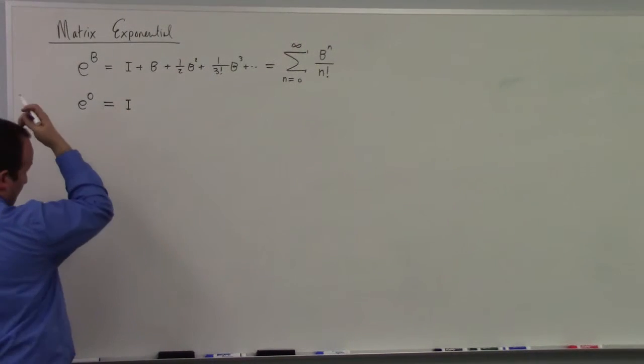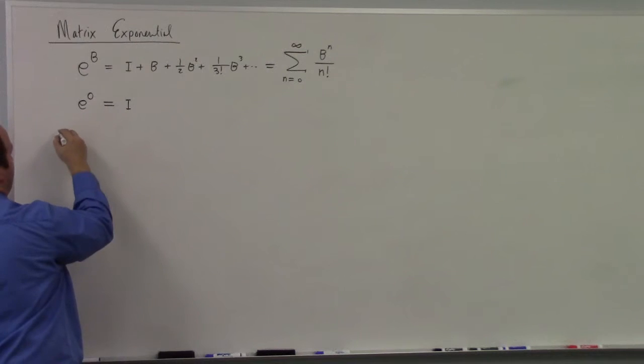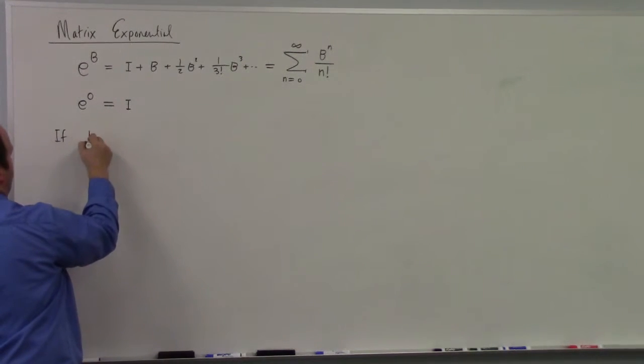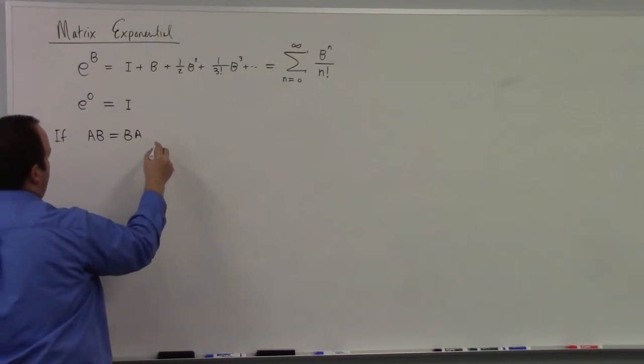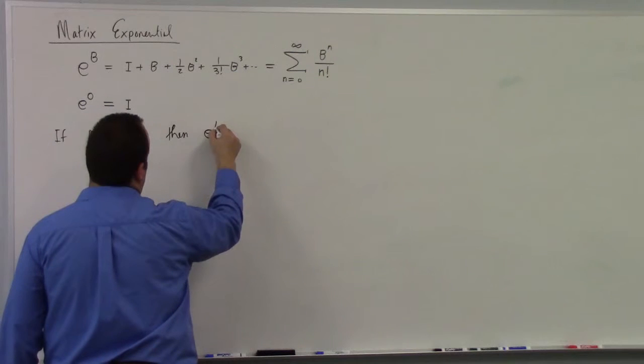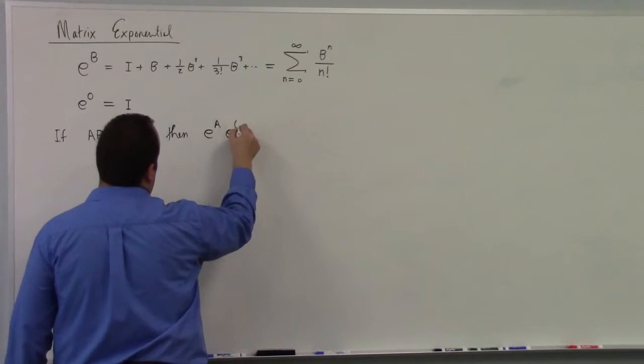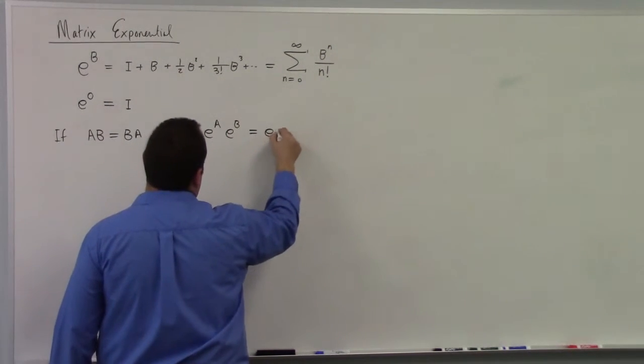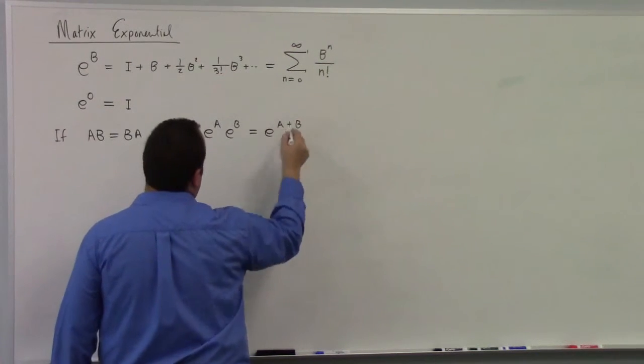And what else can we prove? If AB is equal to BA, then you can show that e to the A times e to the B is equal to e to the A plus B, all right?